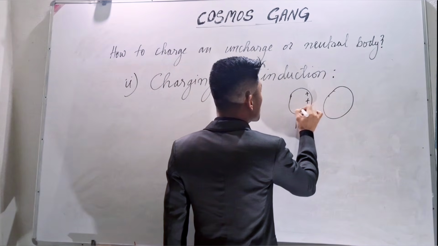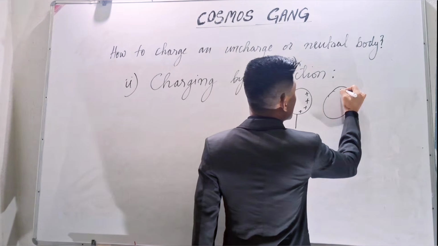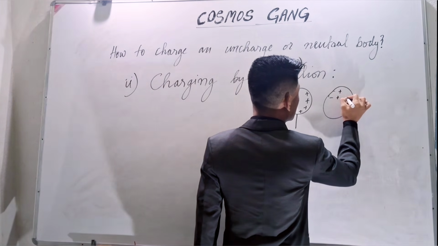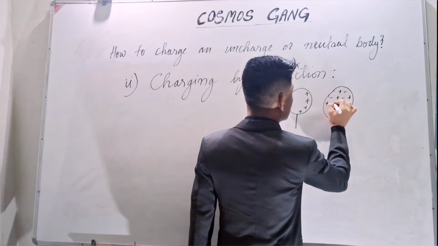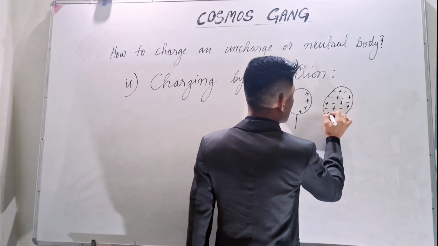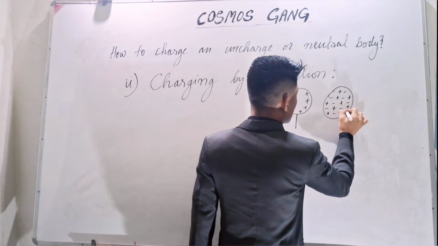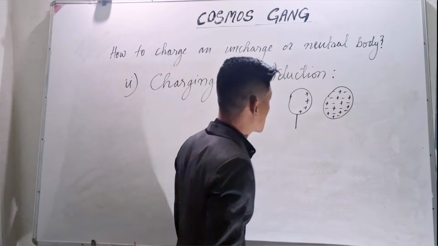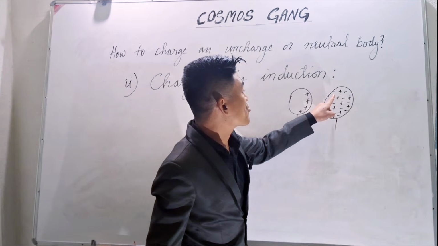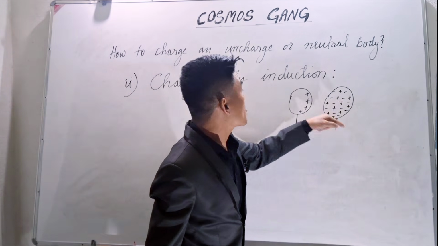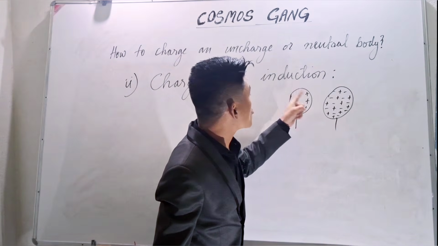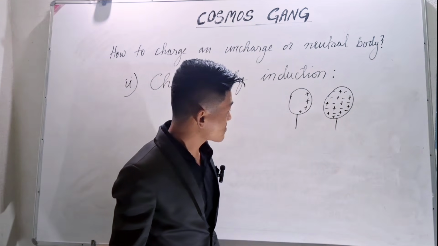Let's say it is positively charged here, and this one is neutrally charged. A neutrally charged body has equal number of positive and negative charges, whereas a charged body has either majority positive charge or majority negative charge.